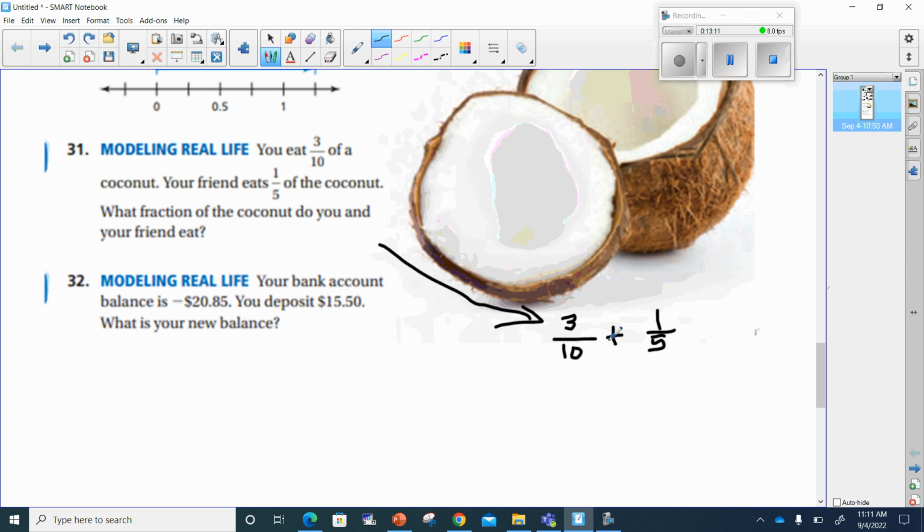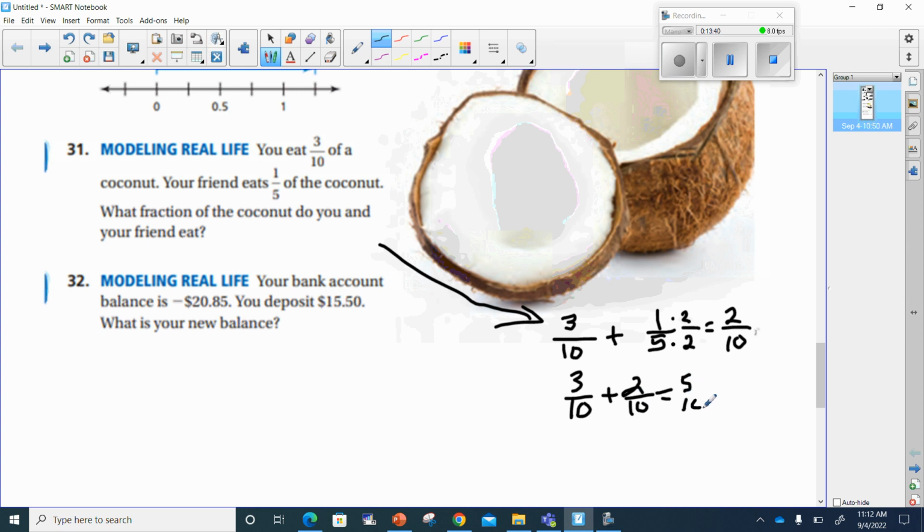So I have to get common denominators. I can multiply this by 2 over 2, because that's 1 in the form of 2 over 2. 1 times 2 equals 2, and 5 times 2 equals 10. So this gives me 3 over 10 plus 2 over 10, and that's going to equal 5 over 10.